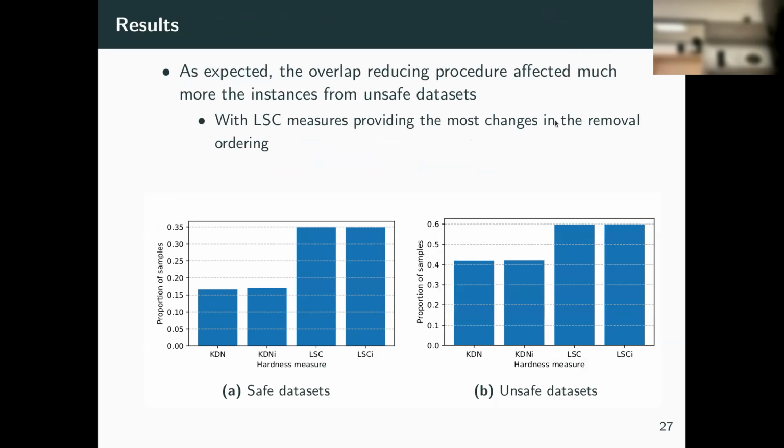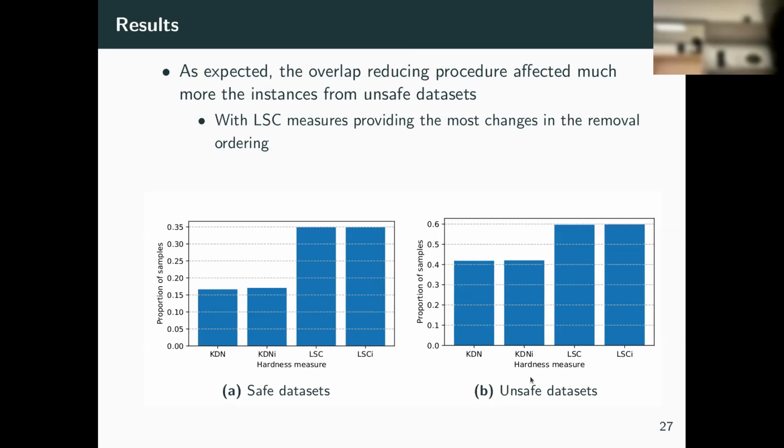First, we investigated how different the techniques were from the baseline KNORA-E. Here we see the proportion of samples in which the order of removal was different from the KNORA-E. We can see that for the safe data sets, as expected, it was very low, about 15 for the K Disagreeing Neighbors measures and 35 for the local set cardinality.